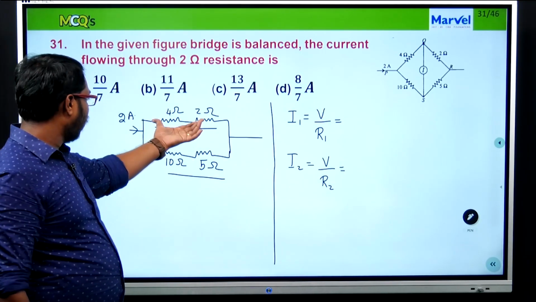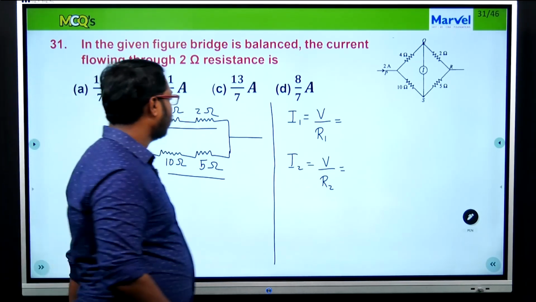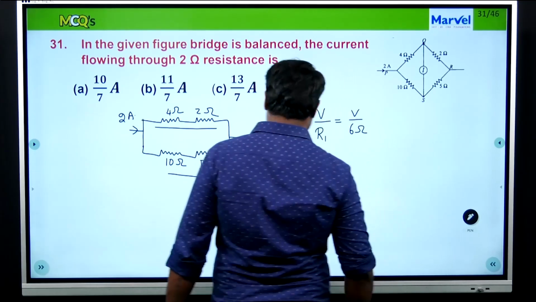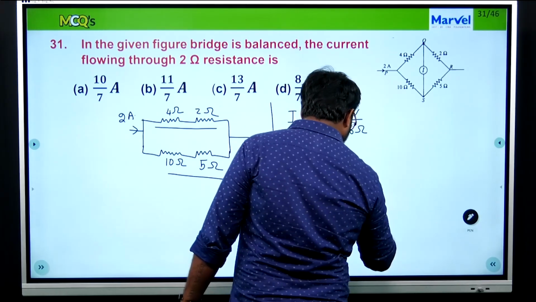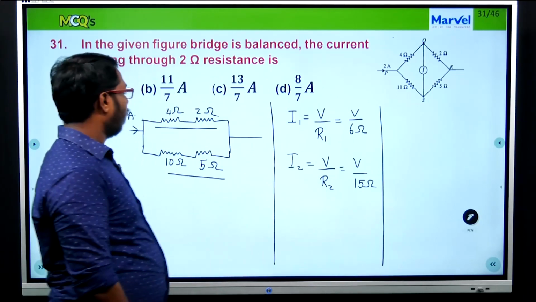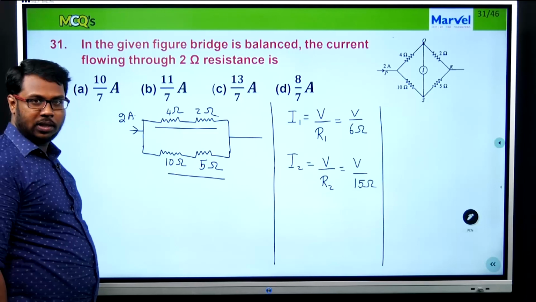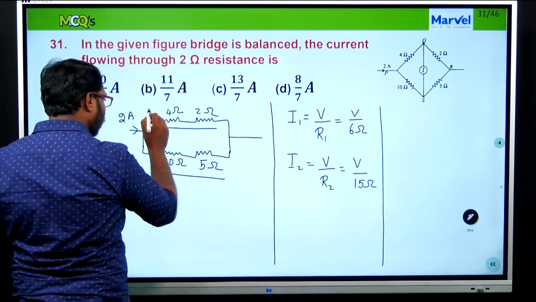Okay, what is the equivalent resistance on the first branch at the top? It is 6 ohms. So it is V by 6 ohms. The one at the bottom is 15 ohms. Okay. Now what we are supposed to find is I1, the current that is flowing inside.